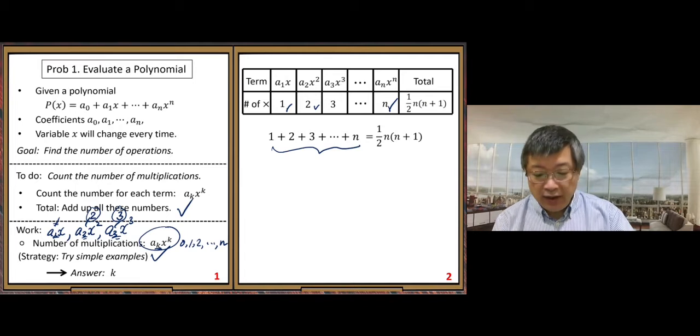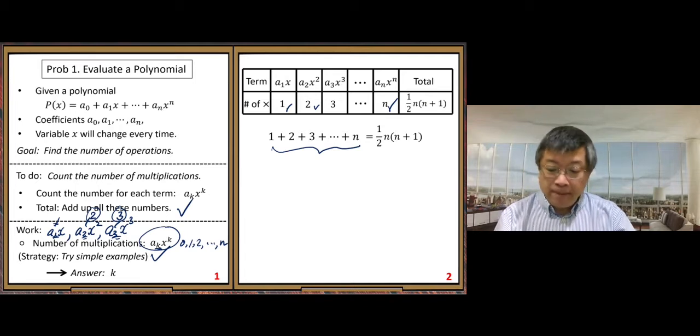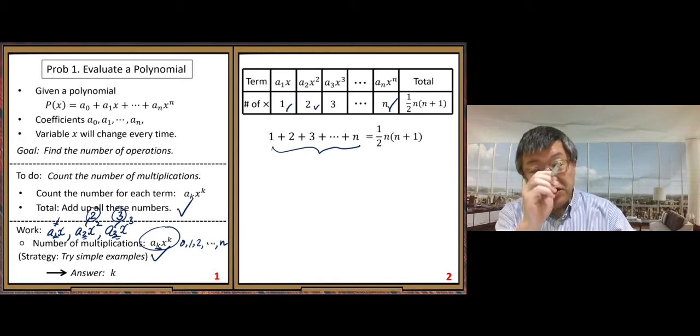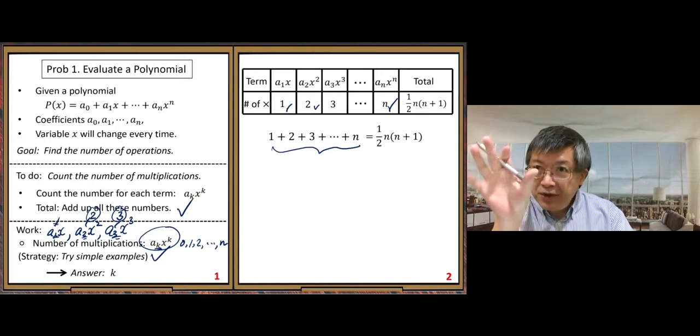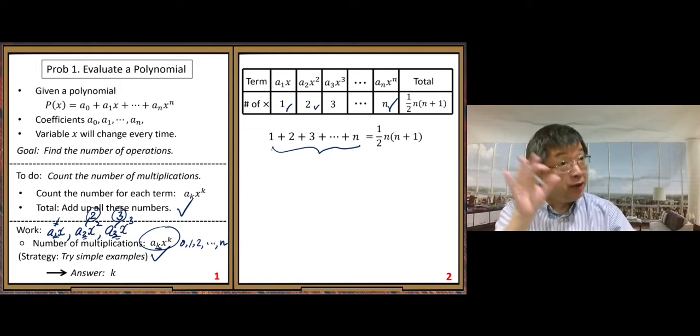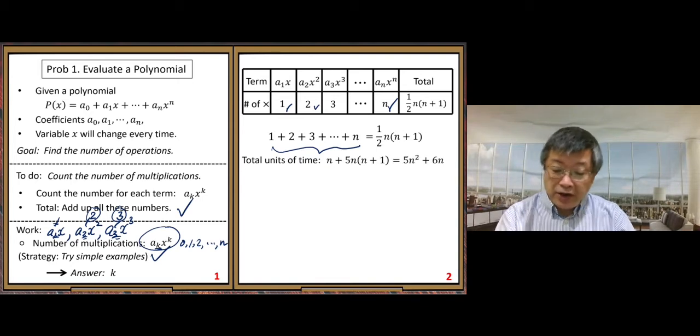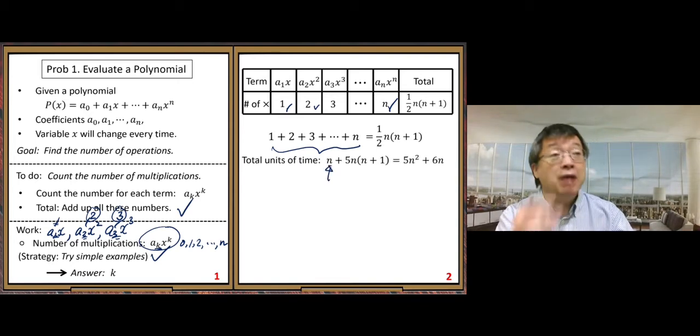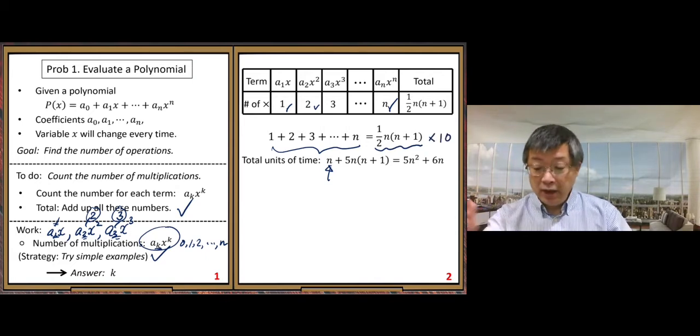We know each multiplication uses 10 units of time, based on that assumption. Now the total units of time: the addition part times 1, because each addition takes 1 unit of time, but the number of multiplications should be multiplied by 10 units of time.